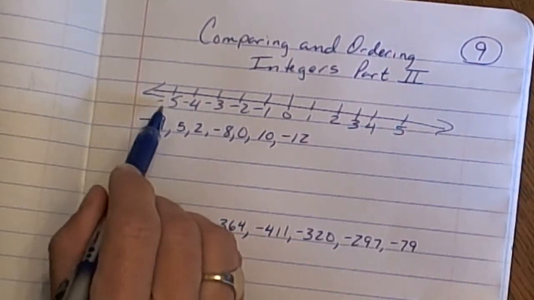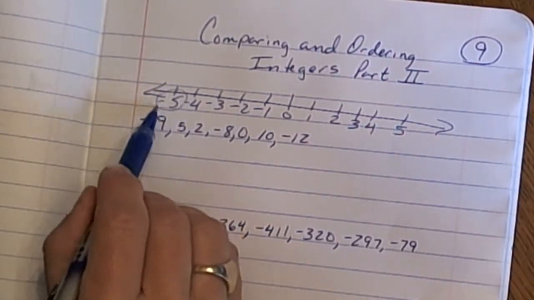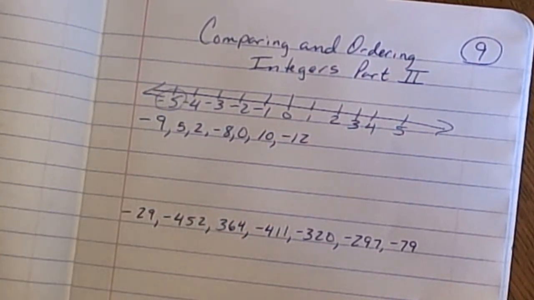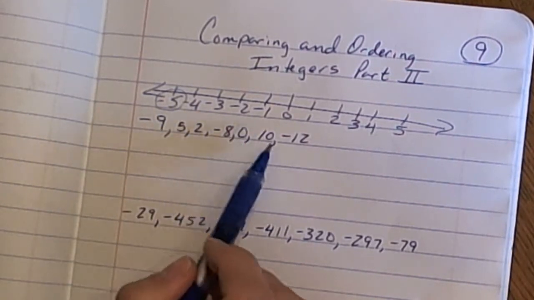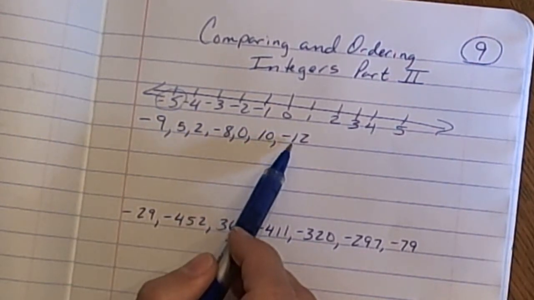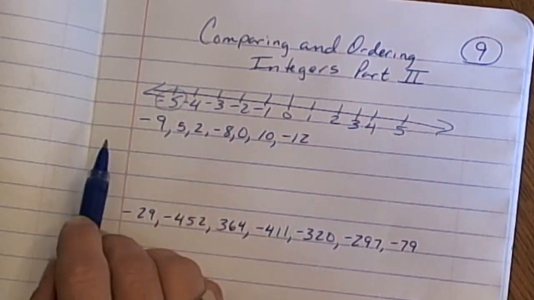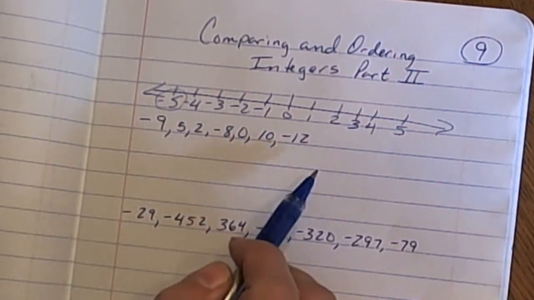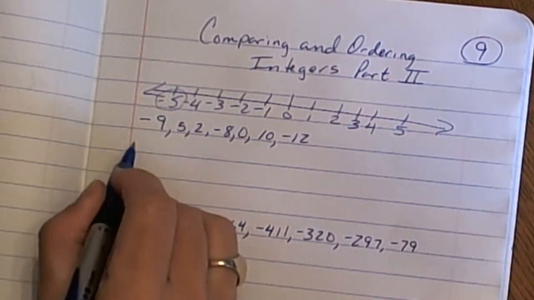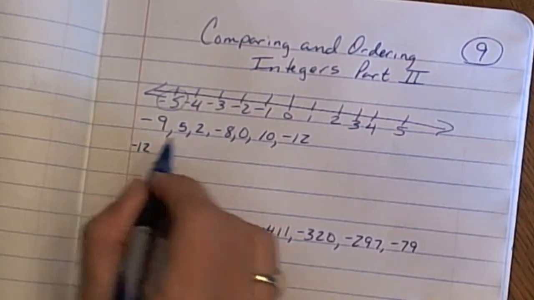So -12 has a high absolute value, so it is going to be our smallest if we're going from least to greatest. So -12 is going to be our first. I'm going to X it out.